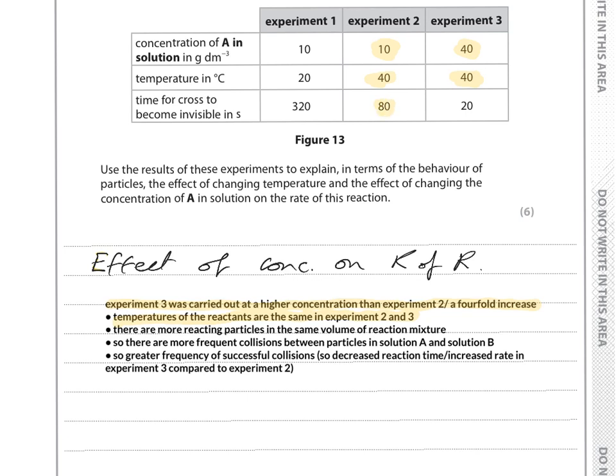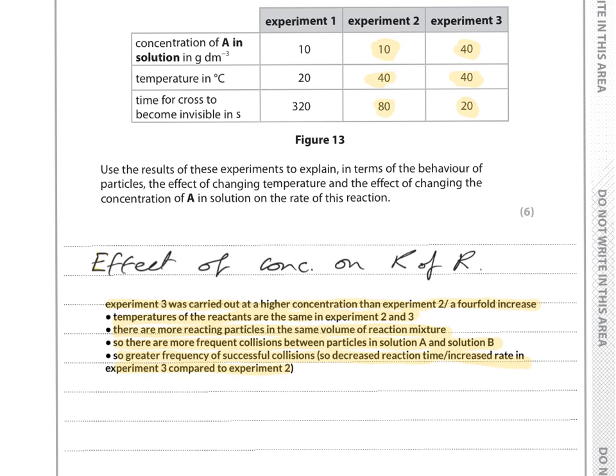It decreases the time by a factor of 4, so it increases the rate of reaction by a factor of 4. Now, the reason for that is that as you increase the concentration, you get more particles in the same volume, therefore you're going to get more frequent collisions. It's just a single effect, more frequent collisions, so therefore you're going to have a greater number of collisions with energy greater than the activation energy, more frequent successful collisions, therefore you're going to have an increased rate of reaction.